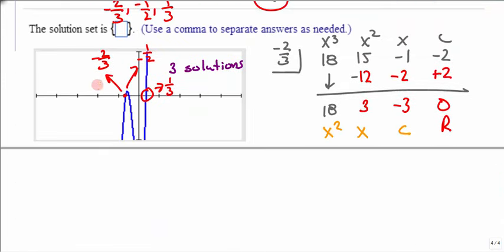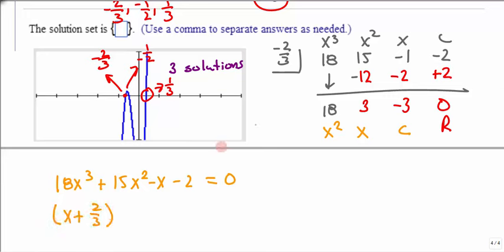Okay. So what we have here then is my original problem, 18x to the third plus 15x squared minus x minus 2 equals 0. We knew it factored into x plus 2/3, because we were given that negative 2/3 was a root. And now we have this other factor, 18x squared plus 3x minus 3 equals 0.